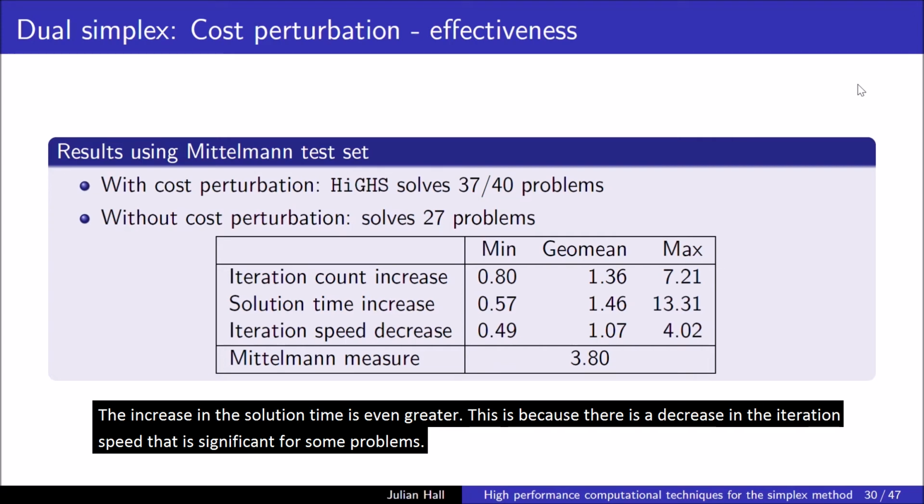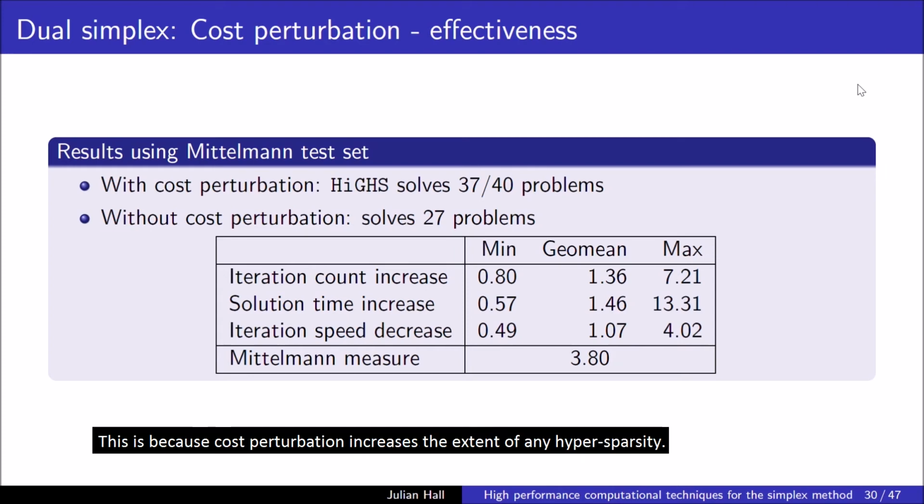The increase in the solution time is even greater, because there is a decrease in the iteration speed that is significant for some problems. This is because cost perturbation increases the extent of any hypersparsity. Overall, the relative solution time measure is 3.8, reflecting the many problems not solved.